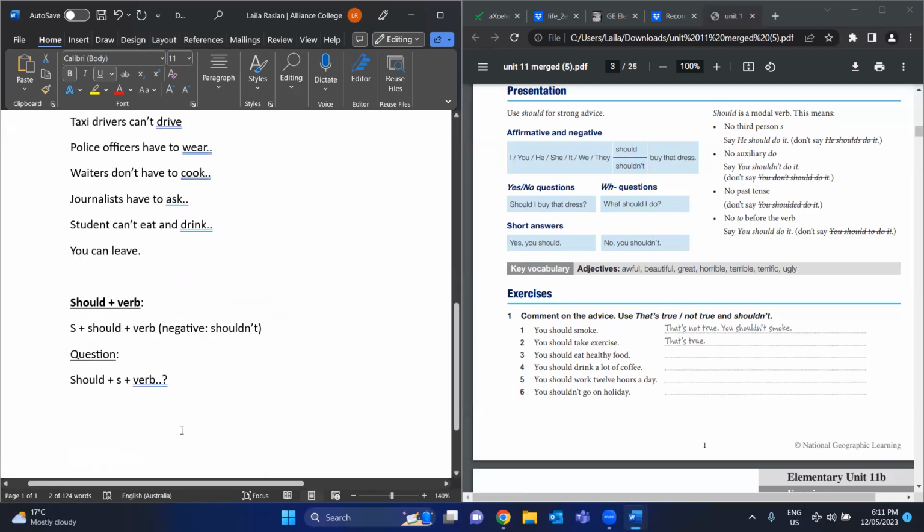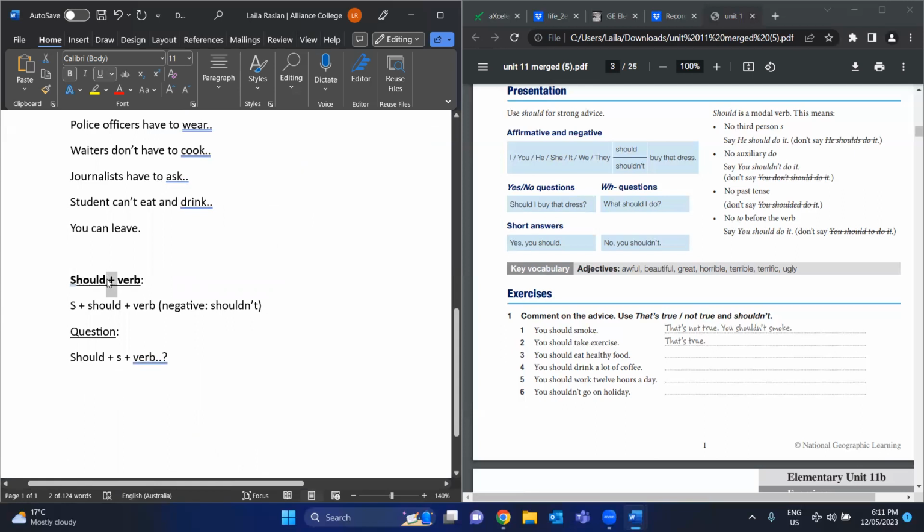So now we're looking at should verb. So there's no to, it's just should verb. Subject, I, you, he, she, it, we, they, should verb. Negative is shouldn't. Should is very important.